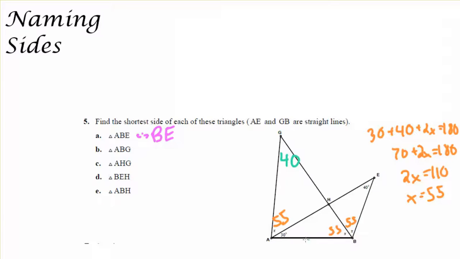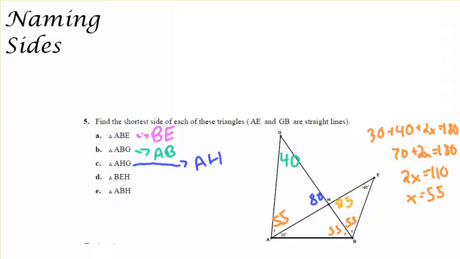Since G is the smallest, its opposite side, AB, must be the shortest. So the shortest side of ABG is AB. To finalize this part, let's take a look at AHG. I know that angle GHA is going to be 80, so G is the smallest angle again, so its opposite, AH, is the shortest side.